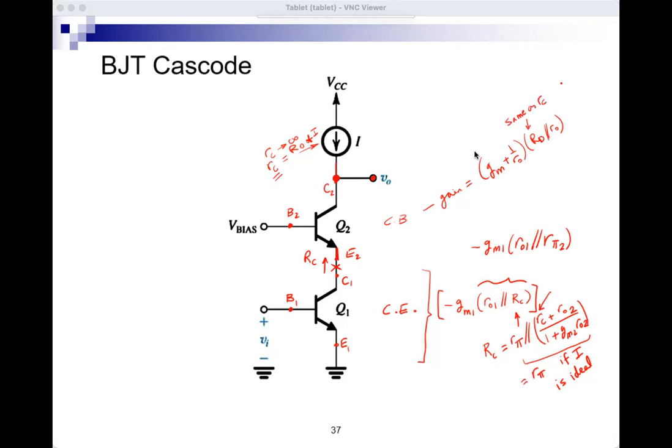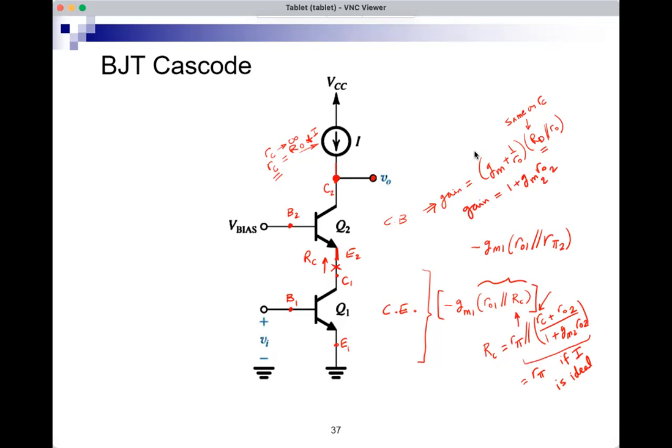So that's the resistance that appears between the collector of Q2 and ground. If I is ideal, this will be infinite. And the gain would be (Gm plus 1 over Ro) times just Ro, so 1 plus Gm Ro, and Gm2 Ro2 because I'm talking about Q2.